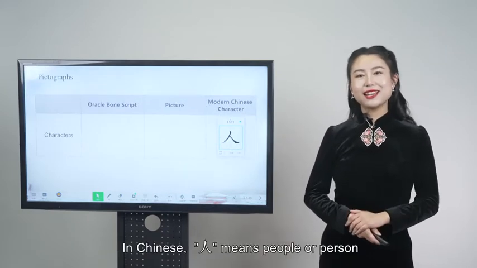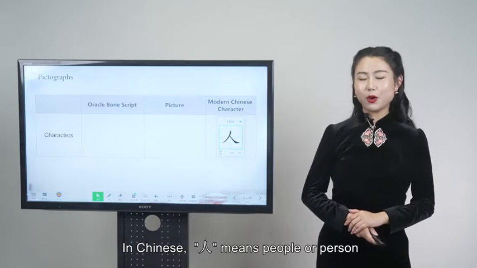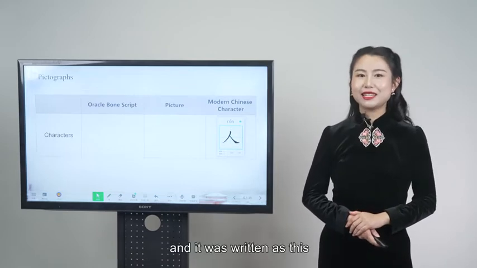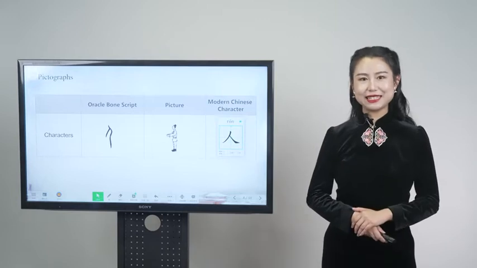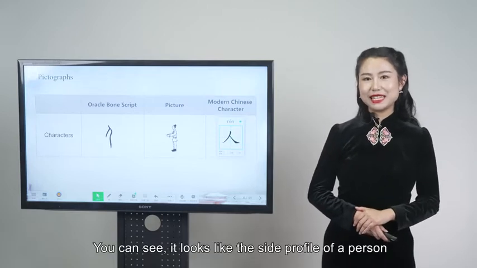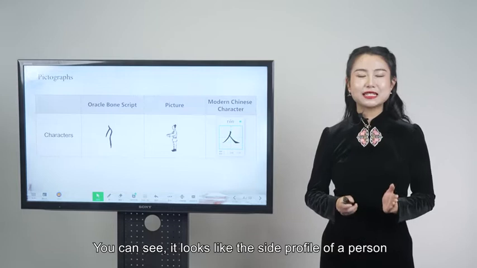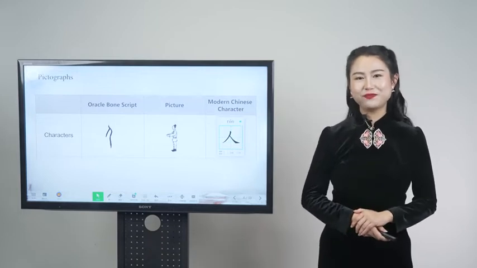In Chinese, 人 means people or person, and it was written as this. You can see it looks like the side profile of a person.